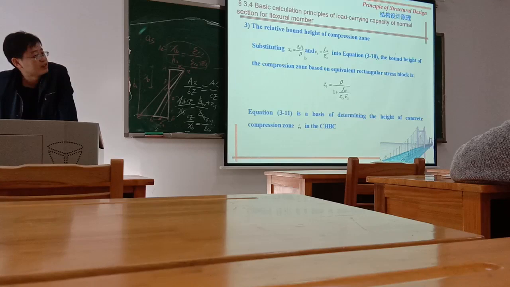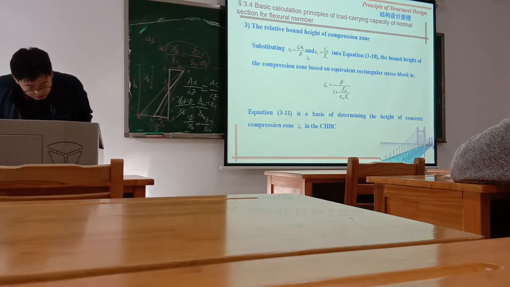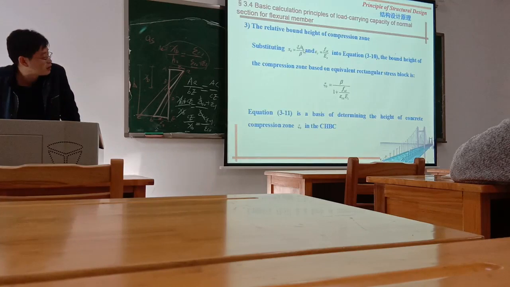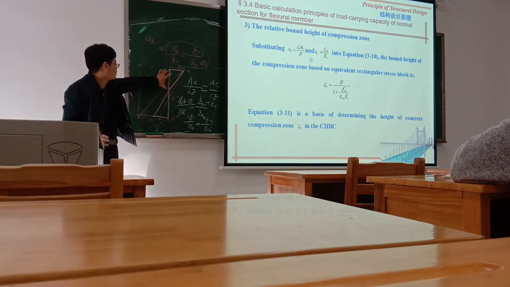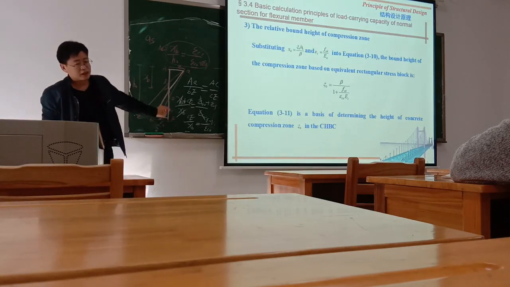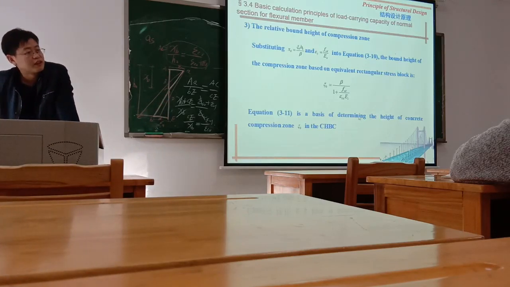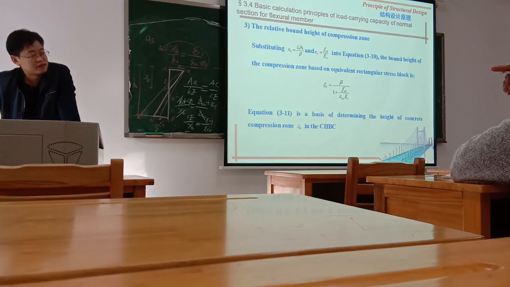How did we get this? Because beta equals x divided by xc. CB h0 equals xb. Here is something wrong. It should be CB h0, this part xb, from A to C. The triangle to C is equal to CB.